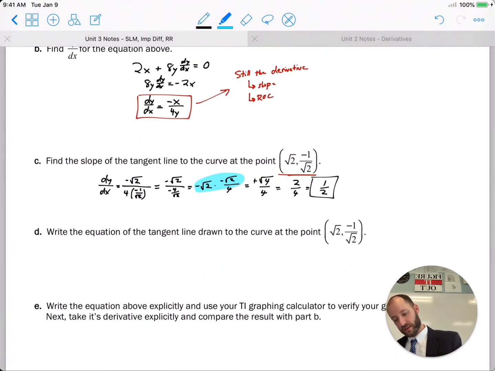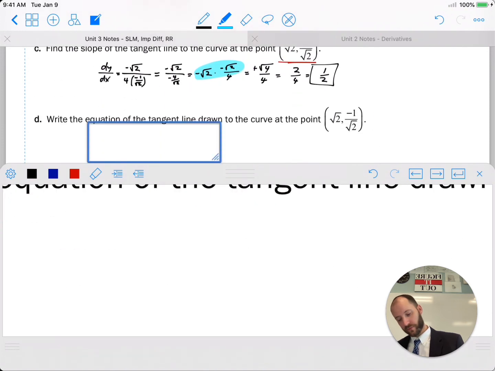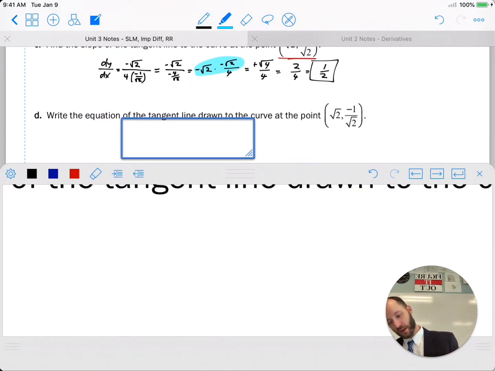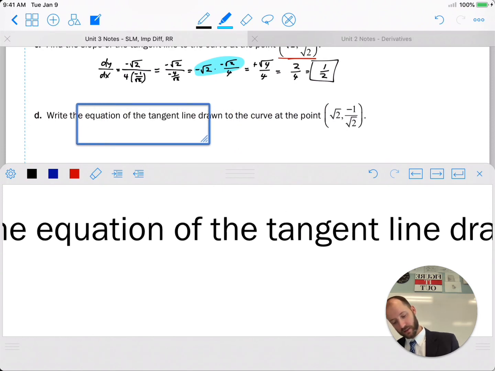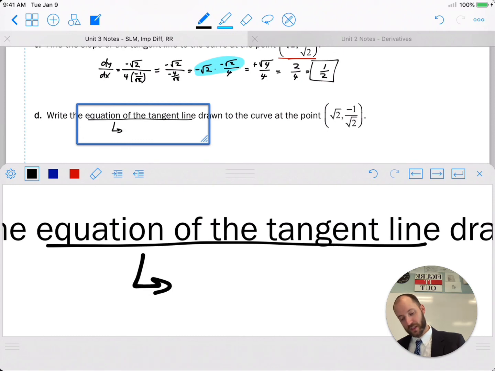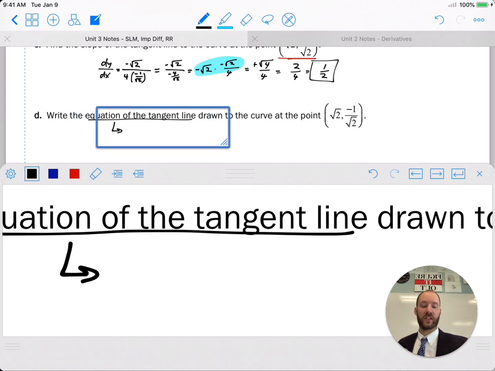Now part C. Write the equation of the tangent line. Now, equation of a tangent line. Remember, I told you, you're going to see this a lot, in a lot of different situations, a lot of different contexts.